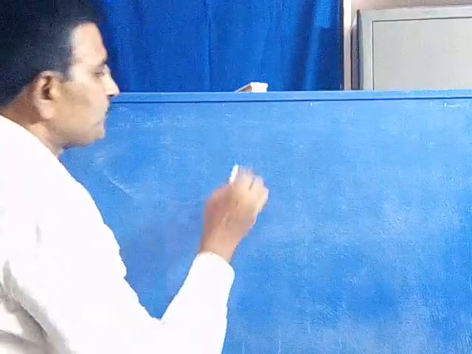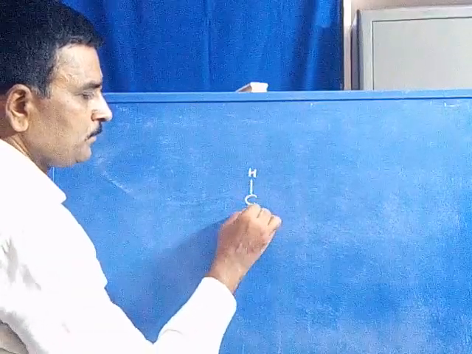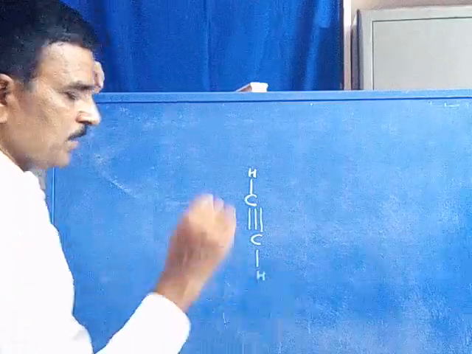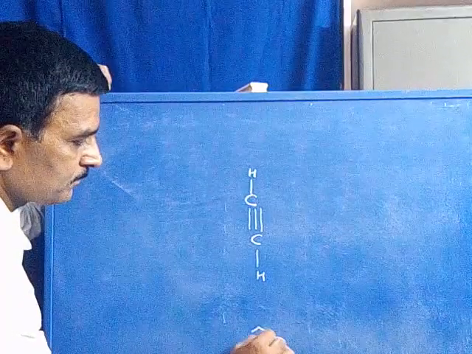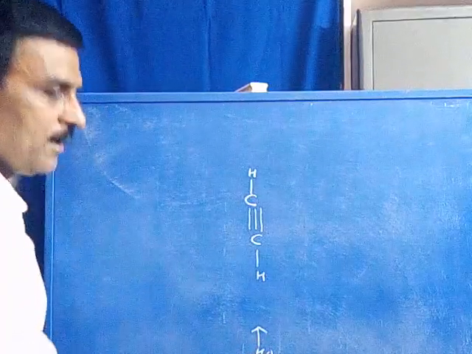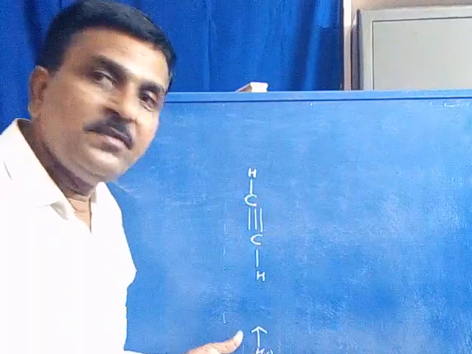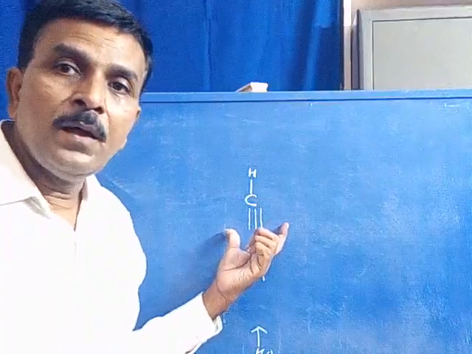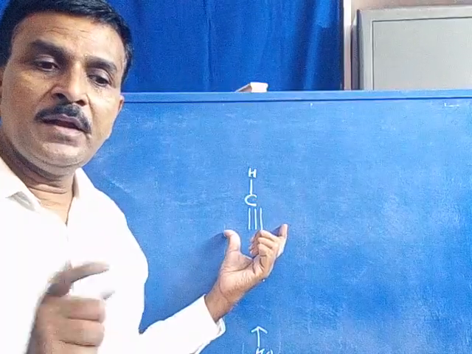Say this is hydrogen, carbon, this is carbon and hydrogen. External magnetic field H0. Now you see, once H0 is applied, the alkyne is vertically oriented.